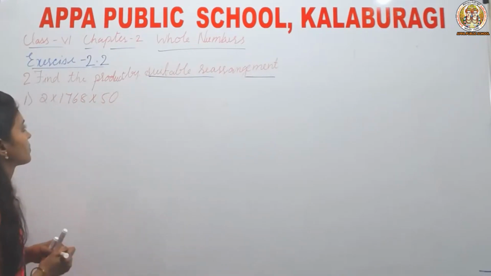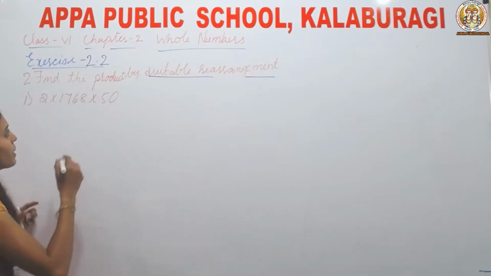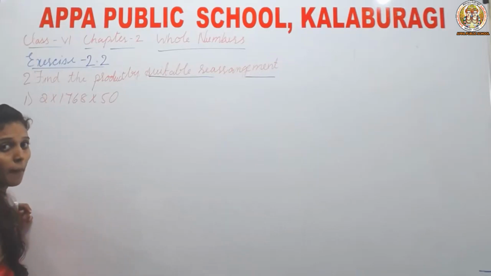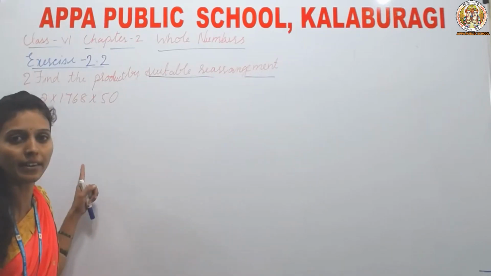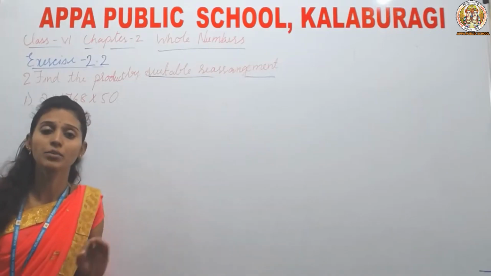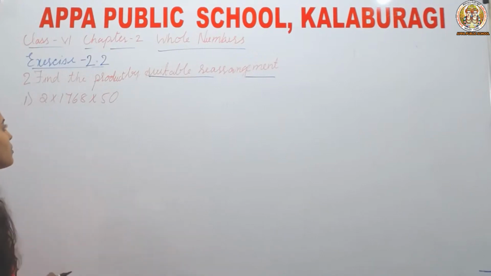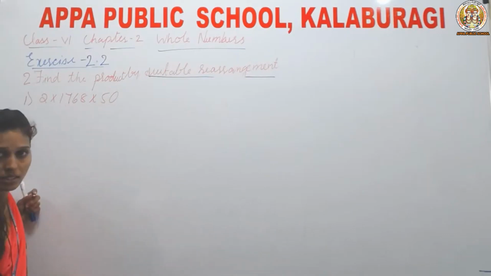See here, 0 is already there in the ones place. So if I multiply with this also, I get 0 only in ones place. With this also, I get 0. But 2 5s are 10 and 5 2s are 100. Right? So 100, 1000 will be very easy to find. So therefore, let me find the product of these two first, then we'll multiply with this.